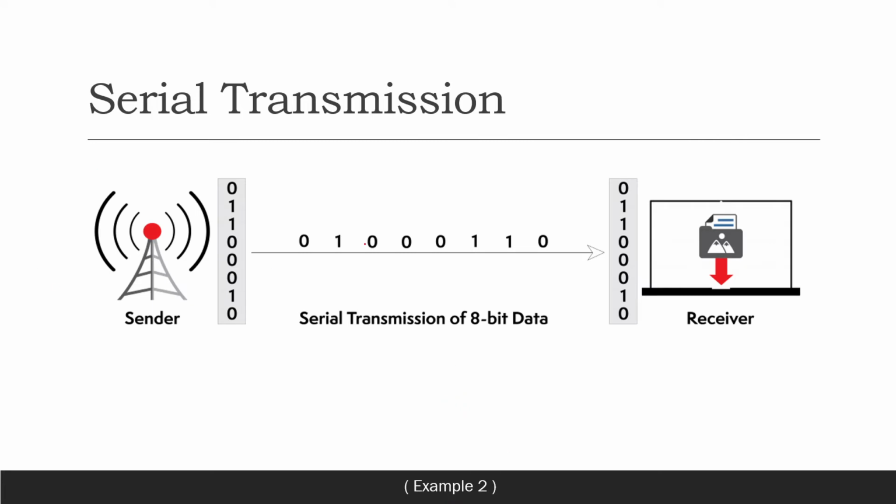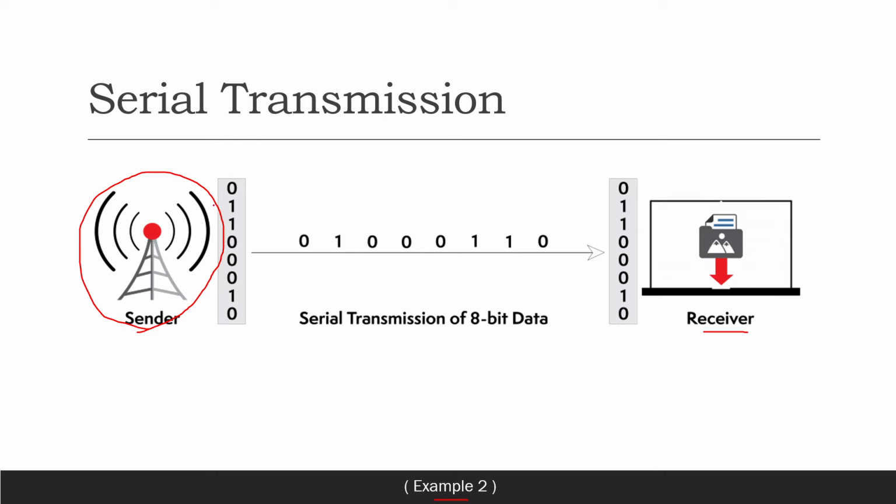This is the second example. This is a pictorial representation. One broadcast station is shown over here and it is broadcasting some digital information, and one digital receiver is receiving that information. It might be any digital receiver, a mobile or a computer node.